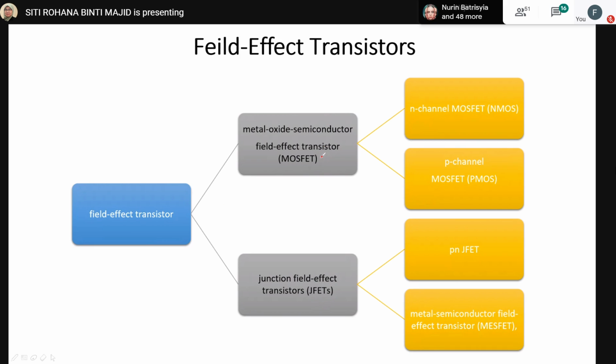For MOSFET, we can group them into two types: the first one, N channel, meaning the majority carrier is N, and P channel. So if you read about this topic, you will find NMOS and PMOS. For JFET, they also have two types: the first one is PN JFET, and the second is the metal semiconductor field effect transistor, MESFET.